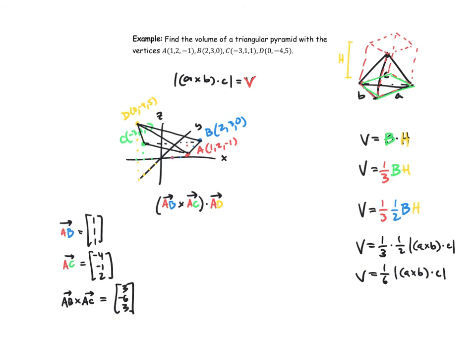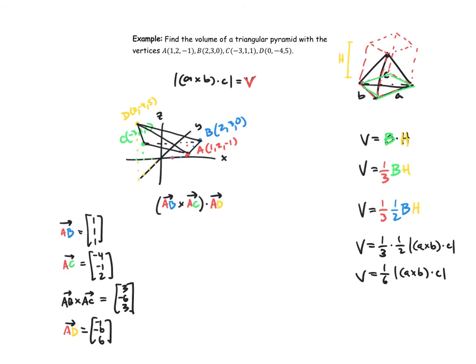Okay, cool. So that's AB crossed with AC. Now the other thing I need is AD. Very similarly, I'm going to take the points of D minus the points of A. AD comes out to be -1, -6, and 6.